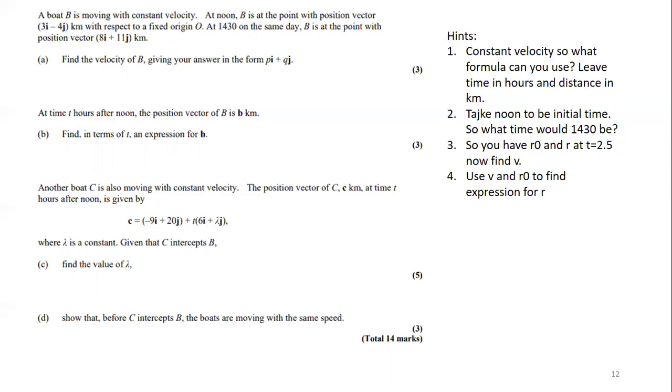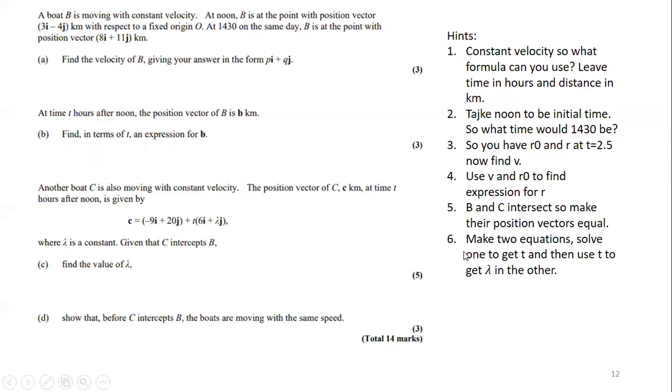But this time the j equation is not going to help us because it has an unknown. So you're going to solve the i equation to get what t is, and then sub t into the j equation to get what lambda is. So it's not too bad to get 5 marks.